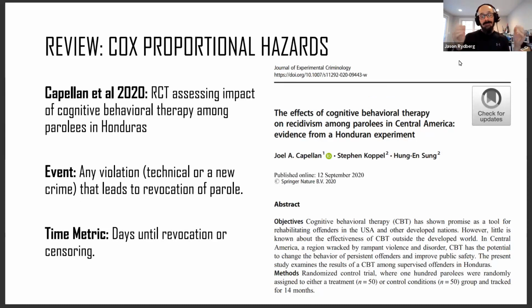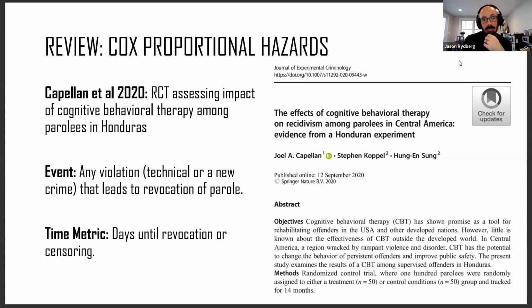So again, you saw that there were 61,000 citations of this since 1972. So it's pretty easy to find some. So here's one that was a randomized controlled trial looking at the application of cognitive behavioral therapy among parolees in Honduras.